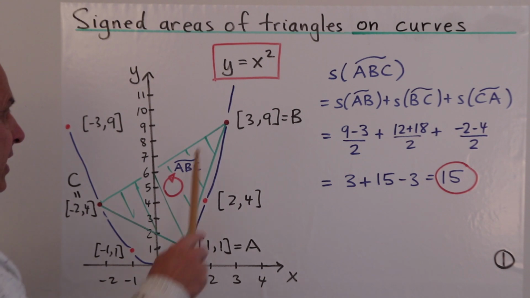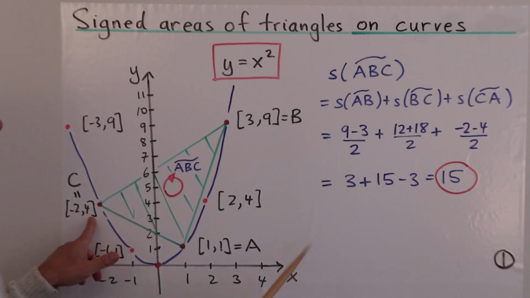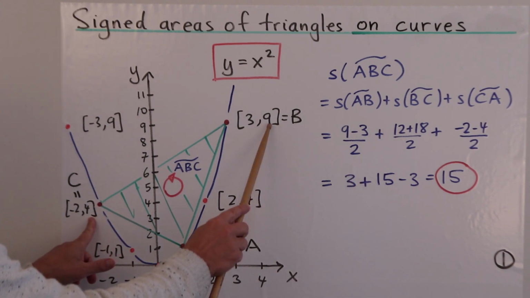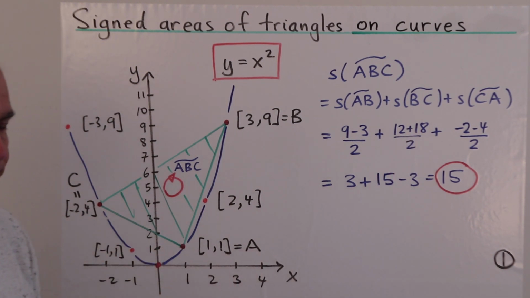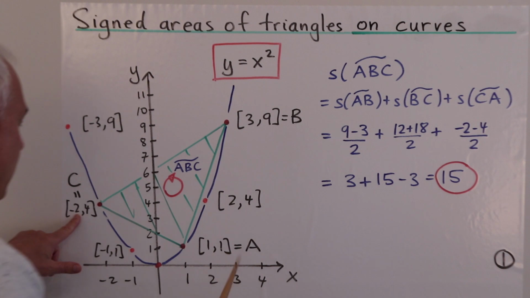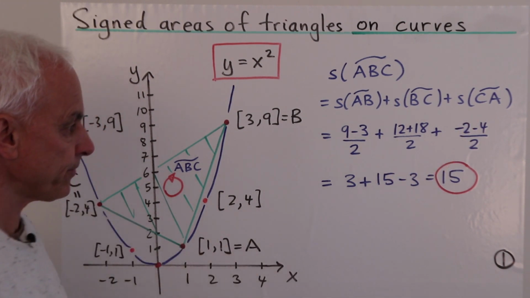And correspondingly, the oriented side BC, there's 3, 9, and minus 2, 4. So we take 3 times 4, which is 12, minus 9 times minus 2, which is plus 18, all over 2. And finally, this oriented side here, from minus 2, 4 to 1, 1, we take minus 2 times 1, which is minus 2, minus 4 times 1, which is minus 4, all over 2.